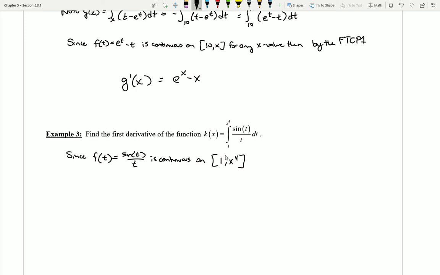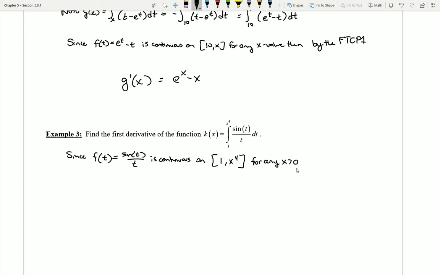I need to make sure that my interval doesn't ever pass through the value of 0, right? Because if it passes through 0, that would be a really big problem. So I would say that this works here for any x that is greater than 0, right? Like I don't want to use anything that's going to be less than 0, because then I would go from 1 and start dealing with some messy numbers. I want to make sure I don't use the value of 0 here.